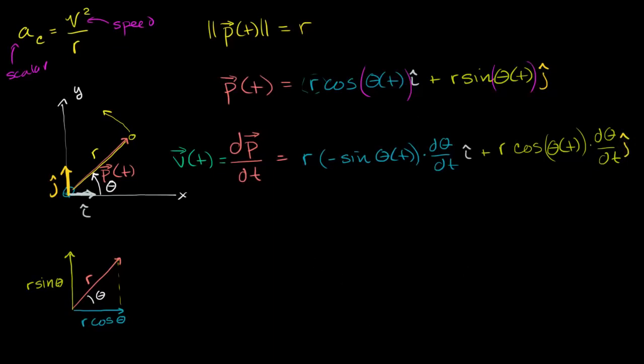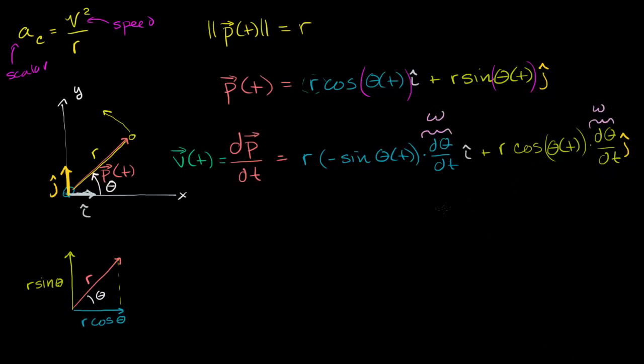Now, there's something that you might already realize, and you should rewatch the video on angular velocity if this is foreign to you. But d theta dt, this is our angular velocity. The rate at which the angle changes with respect to time, that is angular velocity.